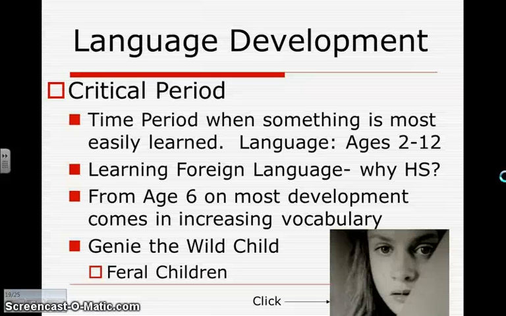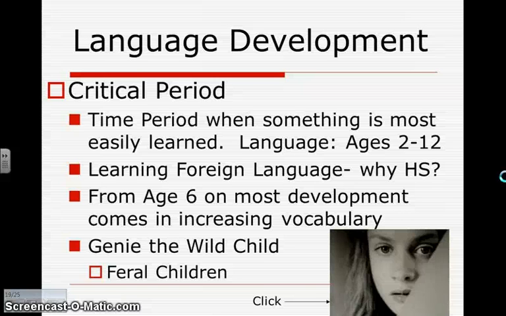So I think that's one of the reasons why. If we truly want people to be bilingual, we're going to have to begin teaching it at a very young age. Now, from about 6 on, most of our development actually comes in vocabulary because by that point in time, we at least have the basics of grammar and syntax down.